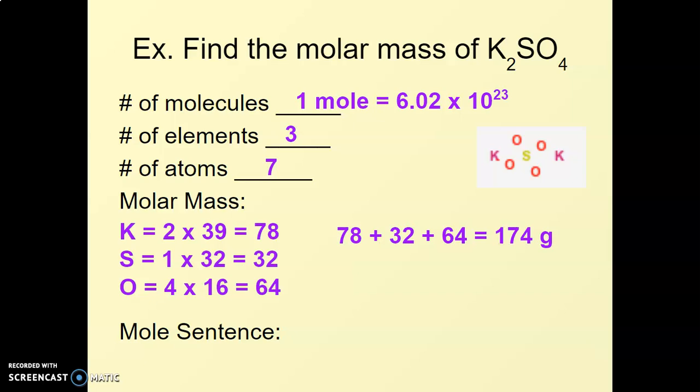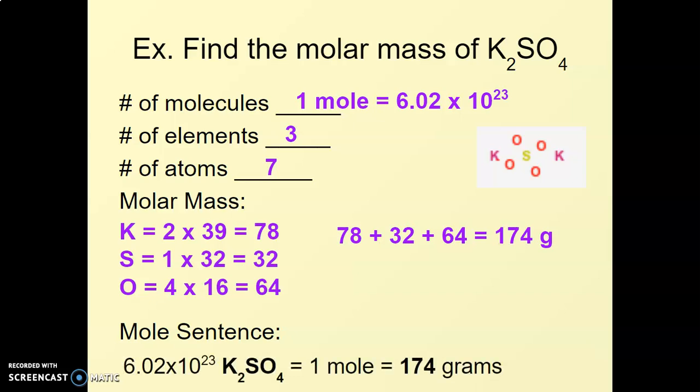So that's what you need to do for solving for a molecule's molar mass. Find all the different molar masses on your periodic table for each element present, and then just add them all up at the end. And let's go ahead and write our mole sentence. 6.02 times 10 to the 23rd of our molecule K2SO4 equals 1 mole, and that mole equals 174 grams.